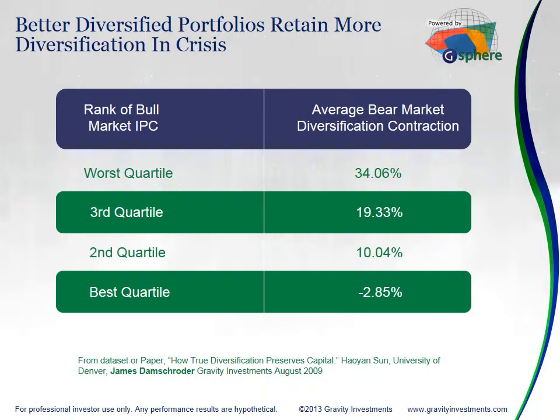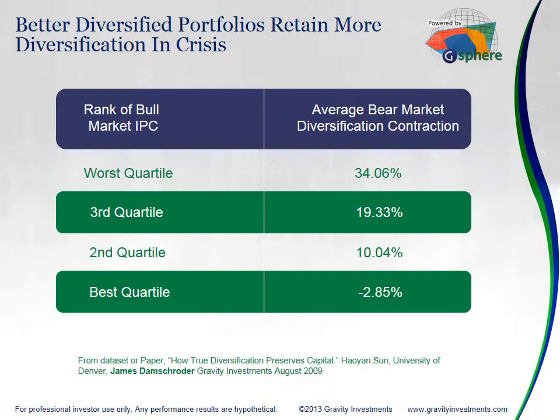Another interesting way of dicing this data set, we took the range of portfolios. It was the 90 some or 100 and so portfolios that were measured in this research paper, How True Diversification Preserves Capital.